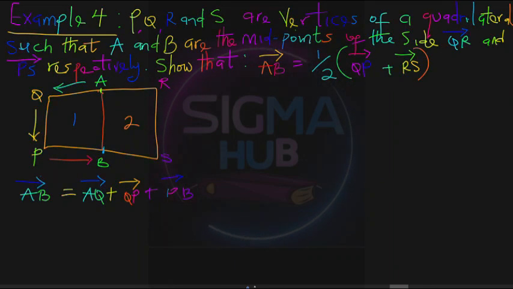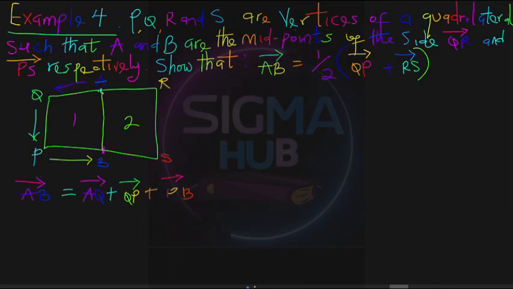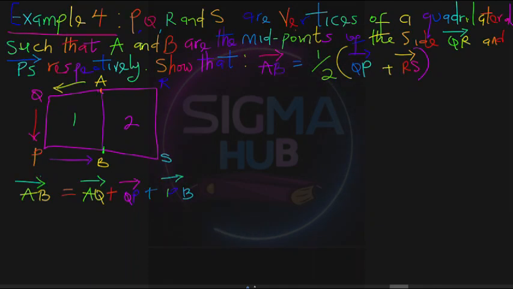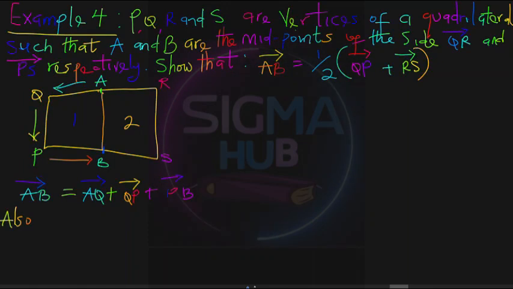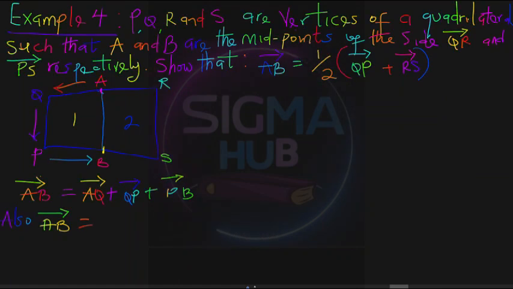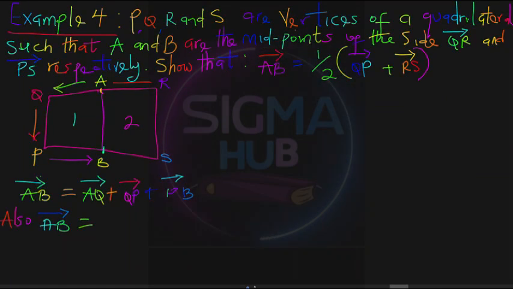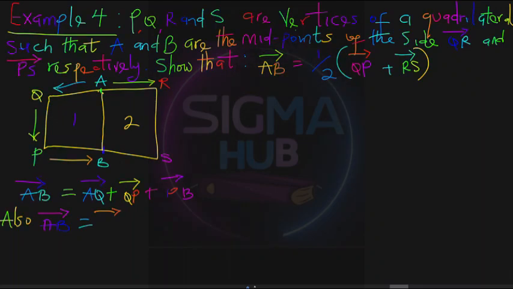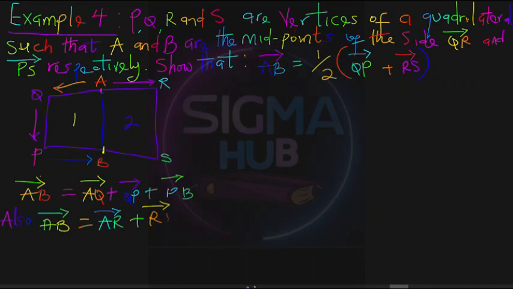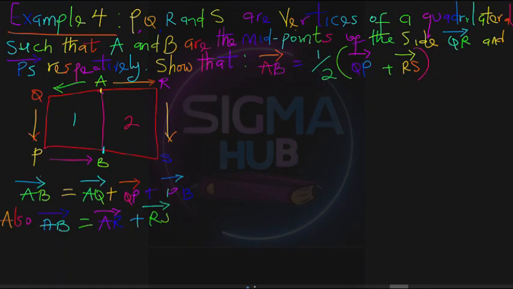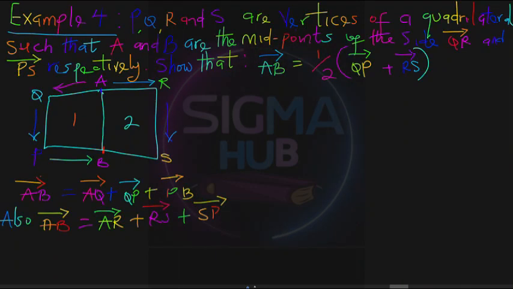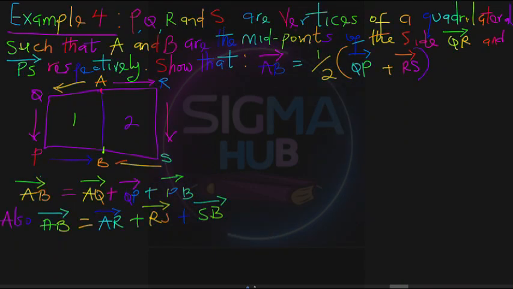Also, using quadrilateral 2, we can get AB by moving from A to R, then R to S, then S back to B. So AB can also be gotten when we move from A to R as AR, plus R to S, RS, which is like this, then plus S to B, SB, which is like this.